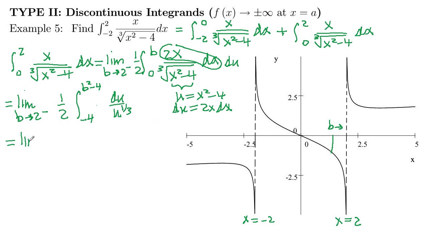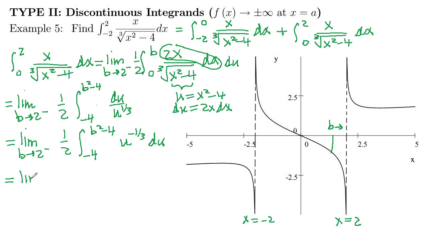So this is going to be a limit as b approaches 2 from the negative side, 1/2 times the integral from -4 to b squared minus 4, and we are integrating u to the -1/3 power du. So that's now a power rule. So you raise your exponent by 1 and divide by the new exponent.